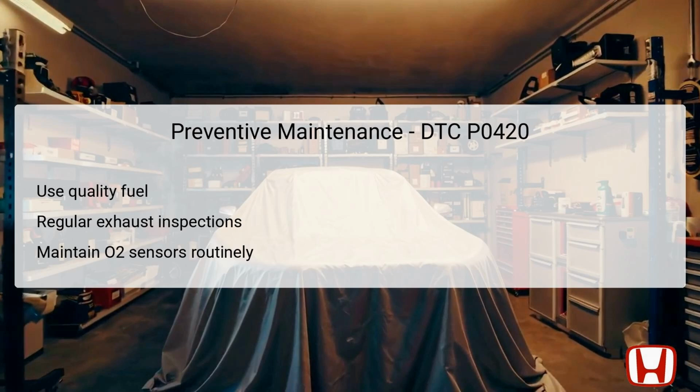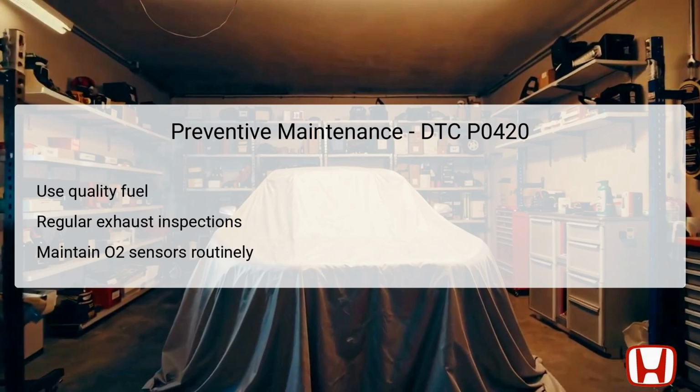One of the first steps is to use high-quality fuel, as poor quality fuel often leads to increased emissions and potential catalyst damage. It's also advisable to conduct regular exhaust inspections on the vehicle to check for leaks or blockages that could affect performance.